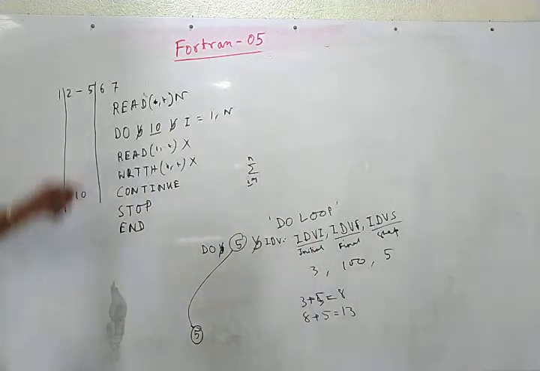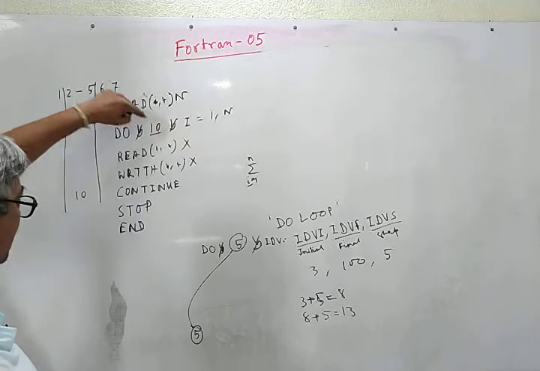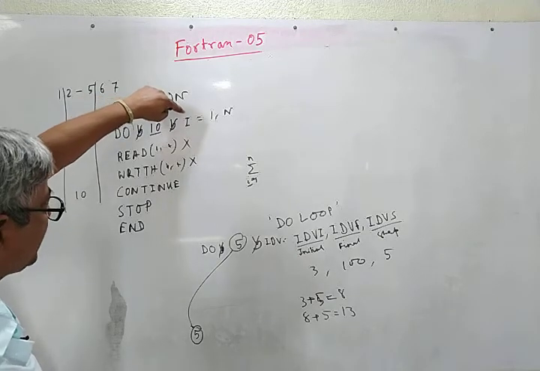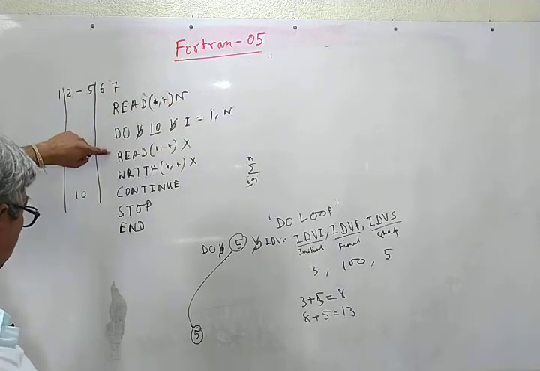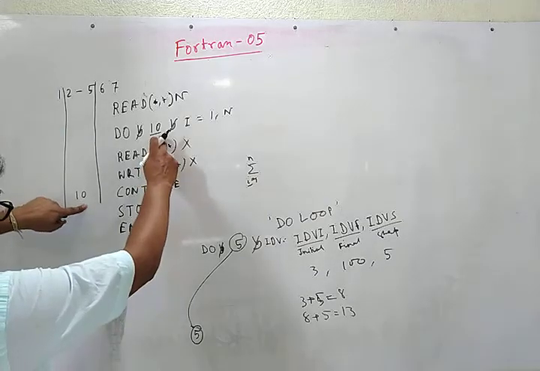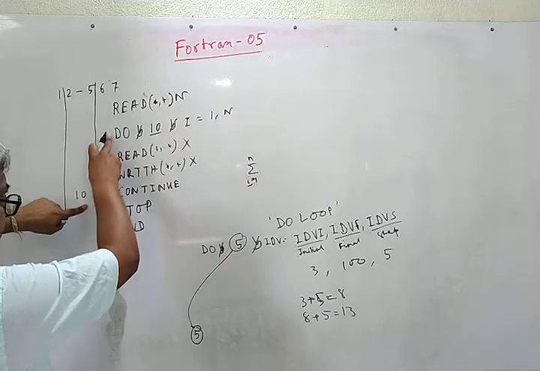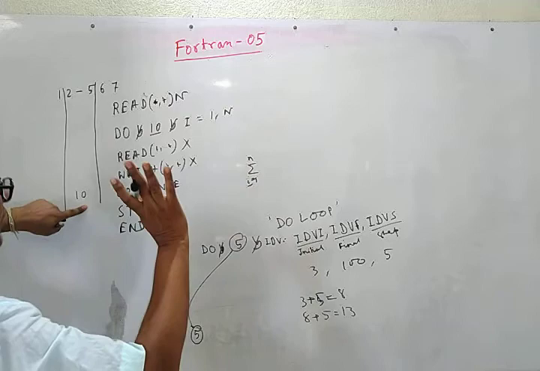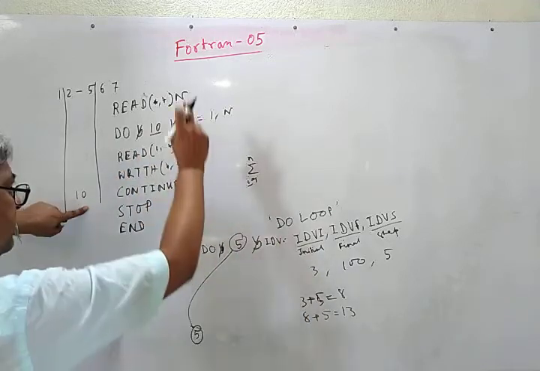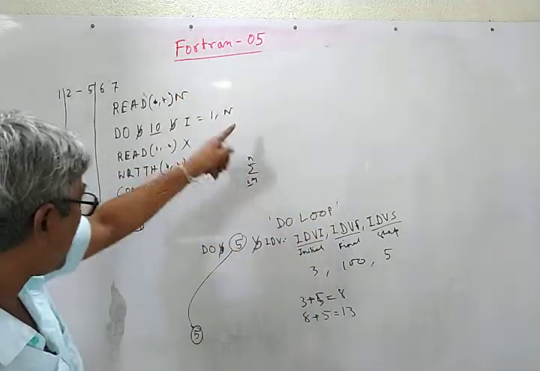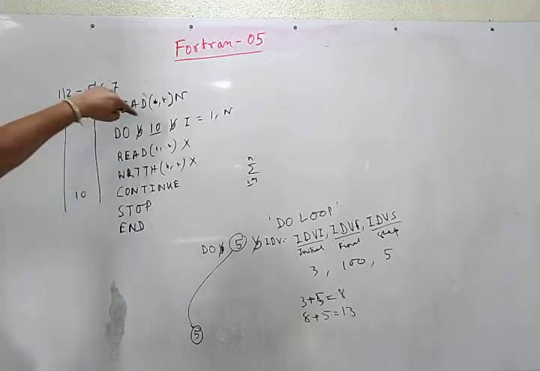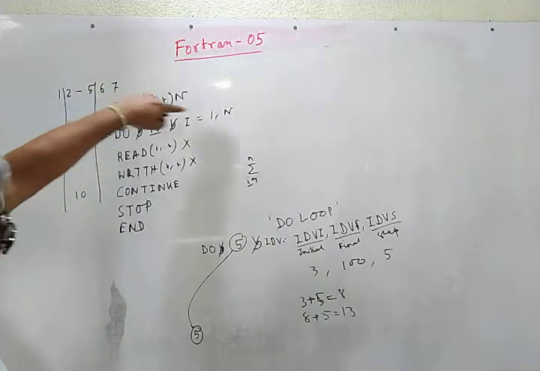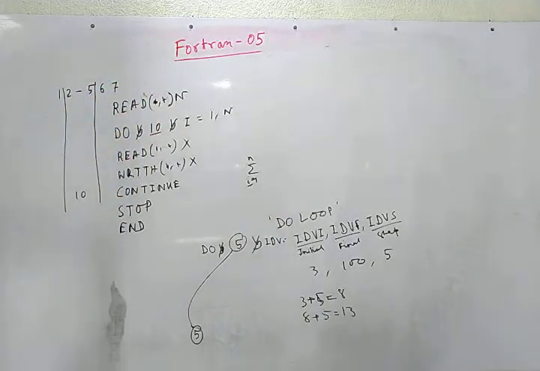As for example, here we have written 10, so it assumes the first value of I and does all the steps up to statement number 10, and then returns over here and assumes the next value. If we consider this example, it first assumes the value of I, performs all these lines, then comes over here and assumes the second value of I as 8.